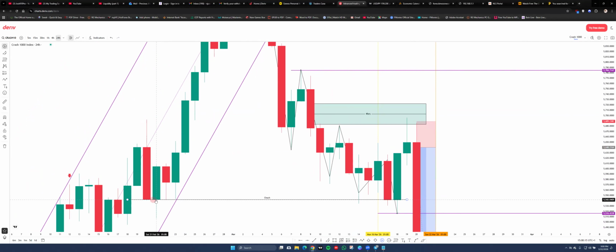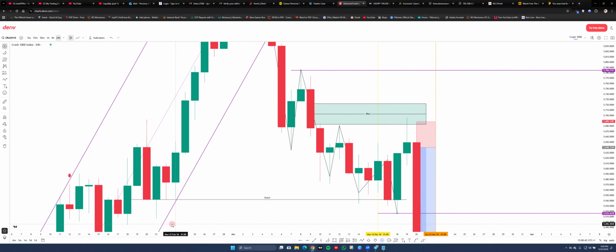The body of the candle which closed here, this went below it, even if it was just a fraction below, but it closed below it. We would consider it a move because the body closed below the previous body low, below this low here. So this indicated that there was a change of character around here.